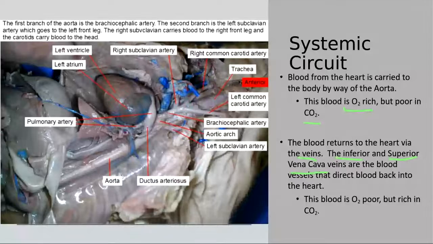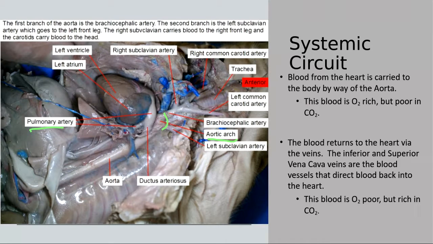Okay, so here are the arteries. When this chamber of the heart pumps blood out, it'll pump it out into a blood vessel that's behind here. So here, it's this one here. So here it is, the aortic arch. It's behind this pulmonary artery.